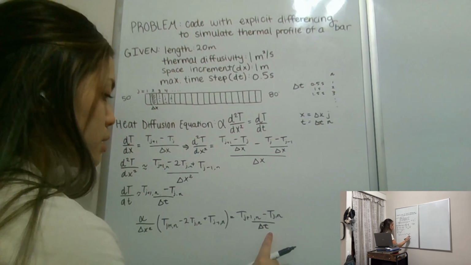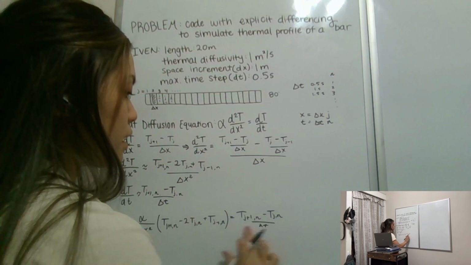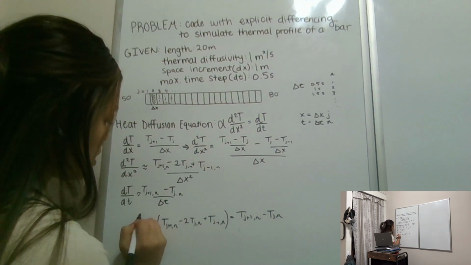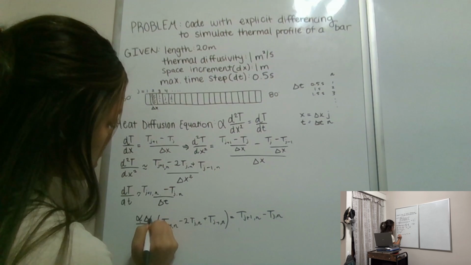Then we can multiply this over to the left side, which would give us alpha times the change in temperature.